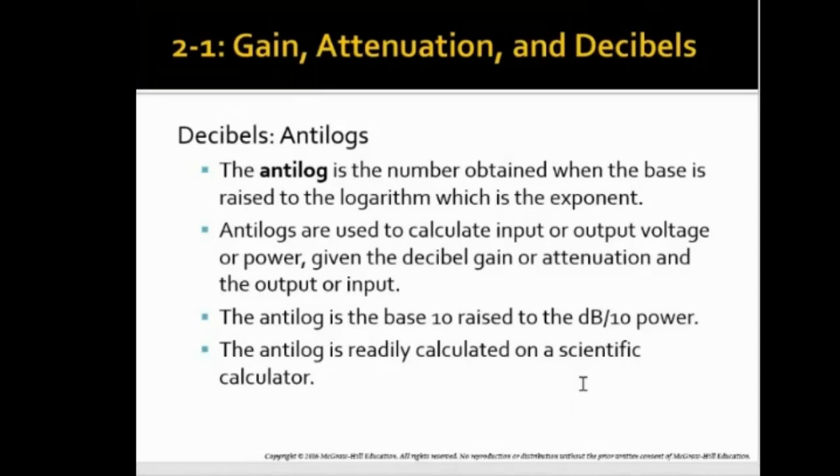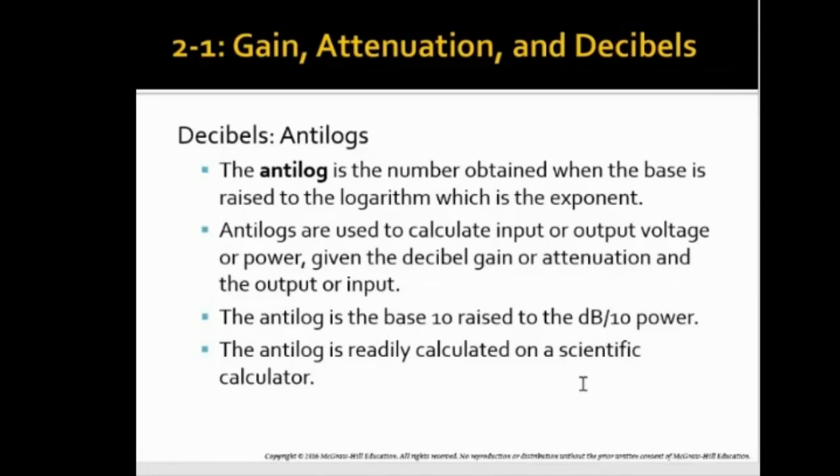But since P out and P in are in the logarithm form in the equation, if we want to find the input and output parameters, we need to do anti-log. The anti-log is the number obtained when the base is raised to the logarithm, which is the exponent.